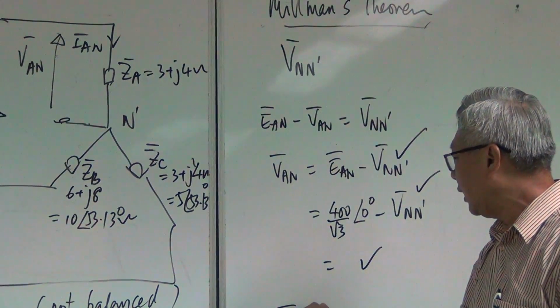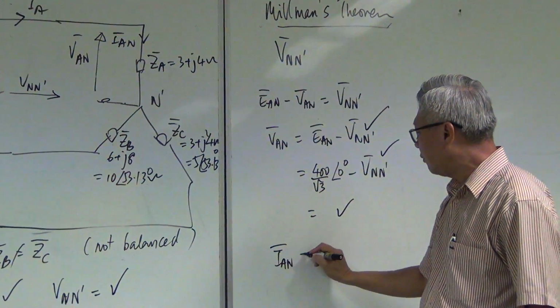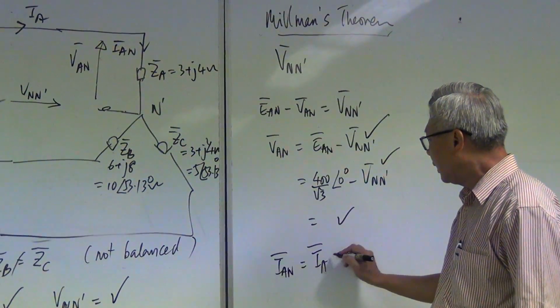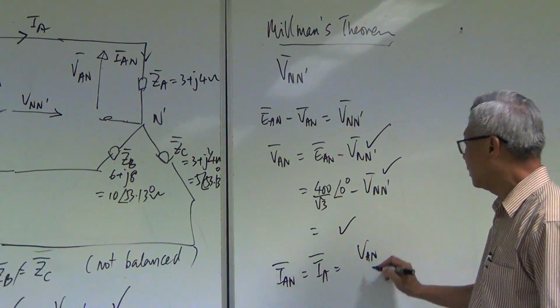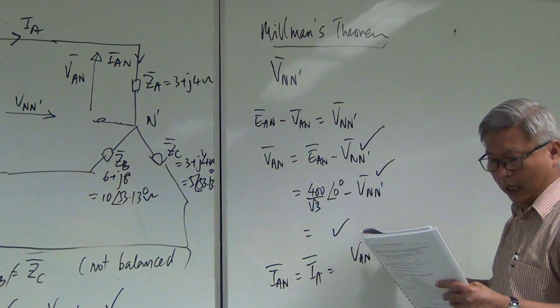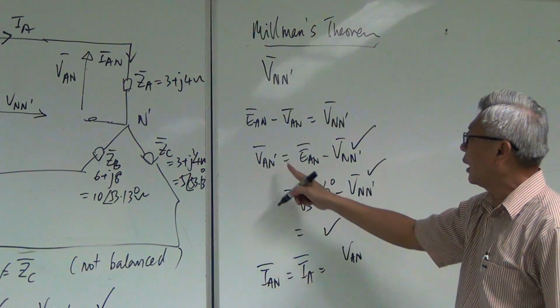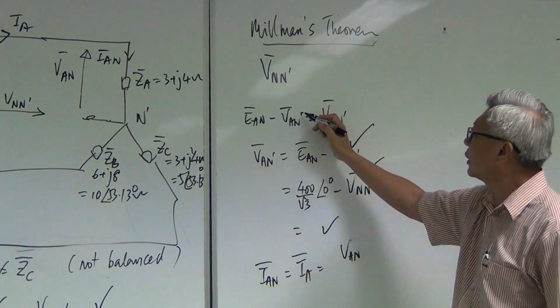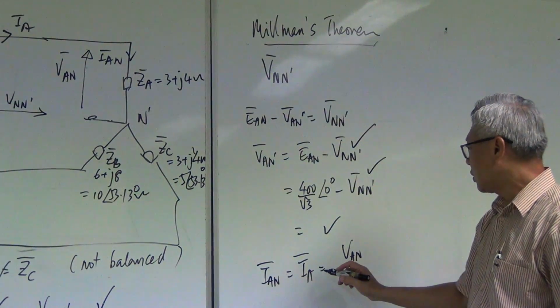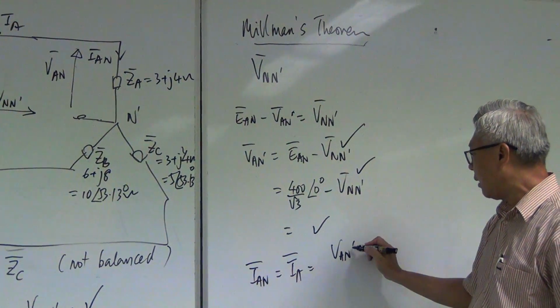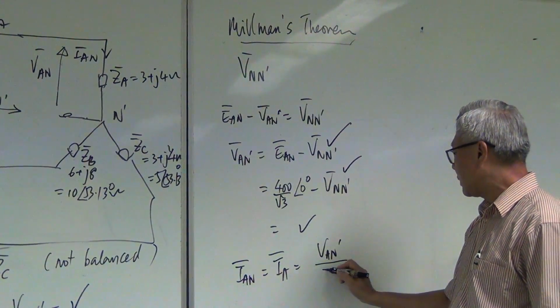To find IAN, which is the same as IA, now you use this VAN', sorry, I forgot the prime. That will be equal to VAN' divided by my ZA.